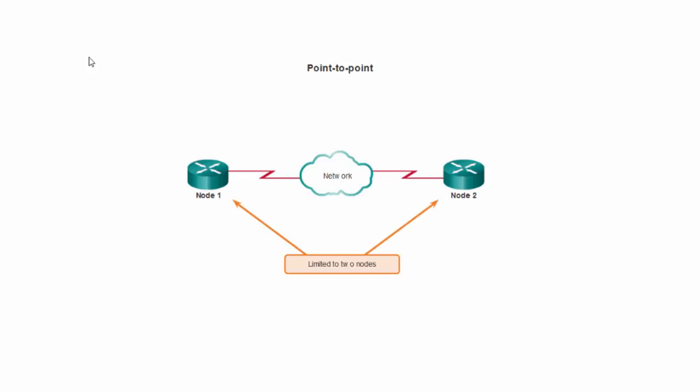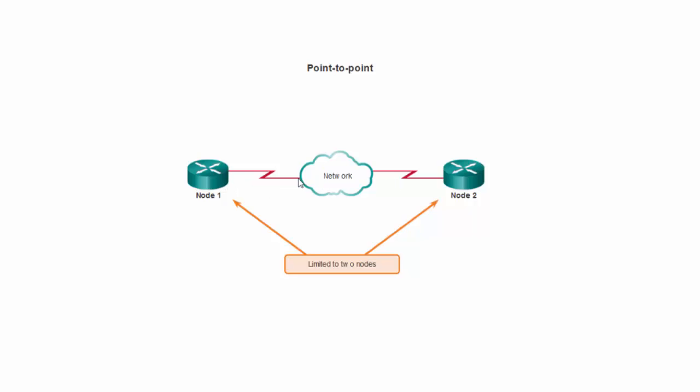So the physical point-to-point topology is represented by one WAN connection which connects two devices like this. So point-to-point is limited to two devices. This is the simplest type of topology, of course, and it's the easiest in terms of facilitating the access to the medium between these two devices.